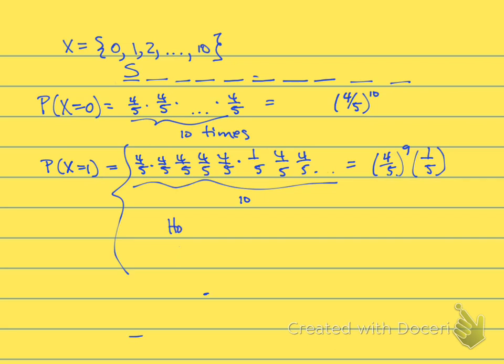So how many exactly 1 king scenarios are there? Well, that's equivalent to saying how many ways can I move the sequence of 1 S and 9 Fs?